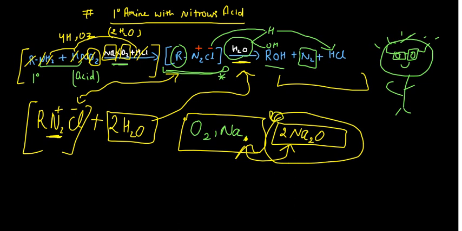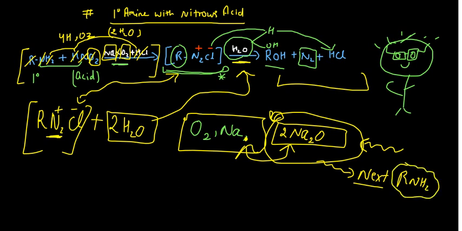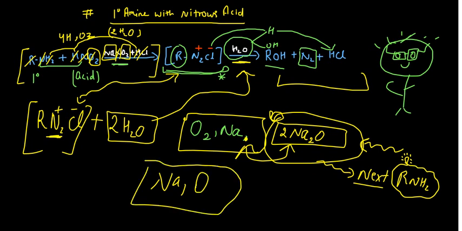But the role is actually that we provide something externally again, and then it will react with the next molecule of RNS2. That's why it is said that a catalyst can react again and again without getting lost in the reaction. In this reaction, if you look for the catalyst, it is sodium and oxygen. So these two act as catalyst.